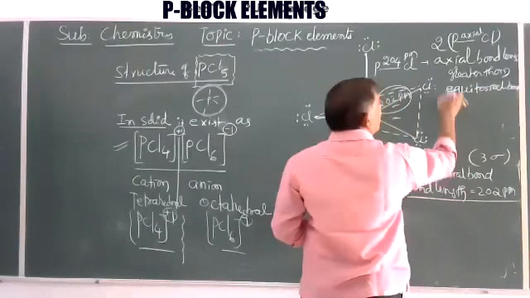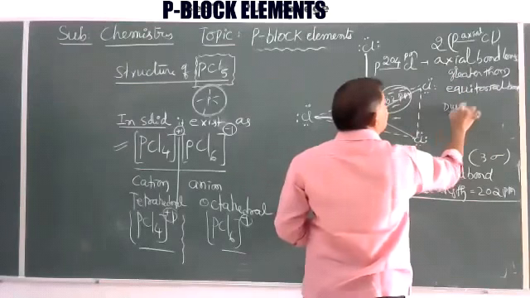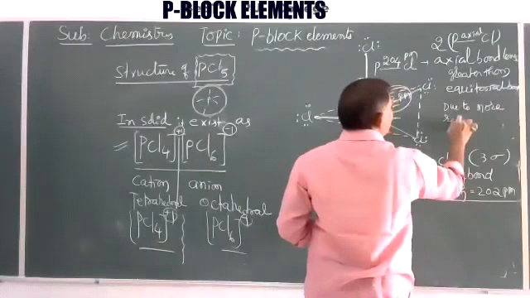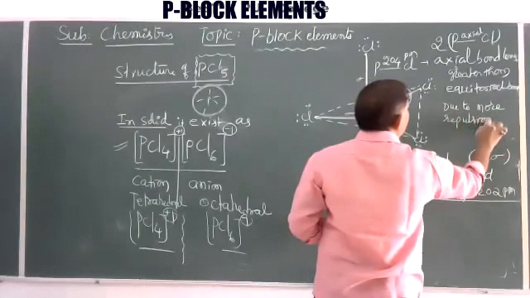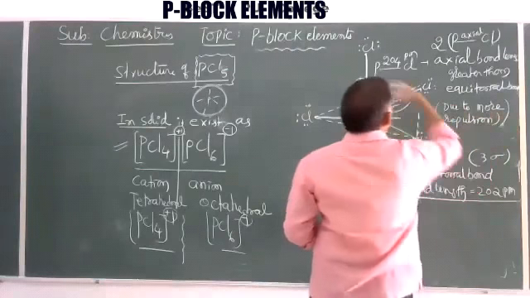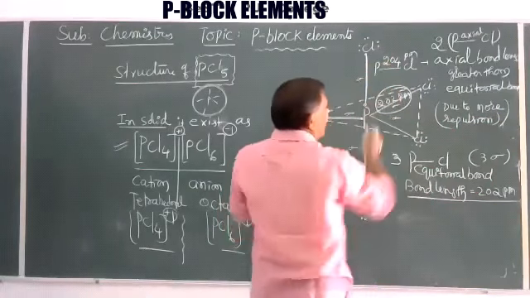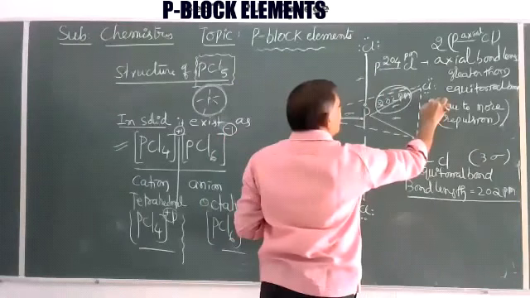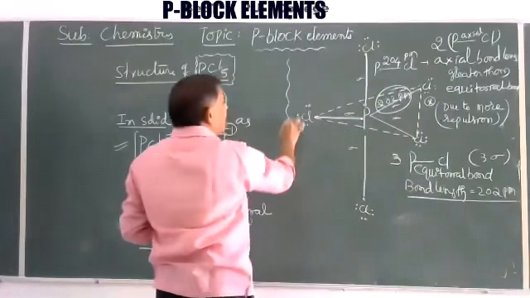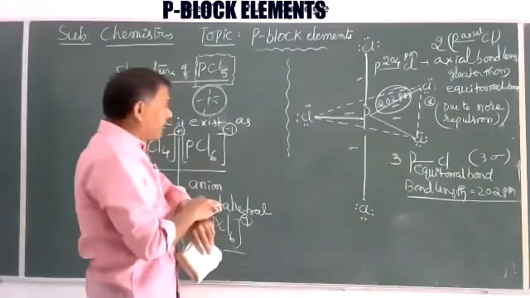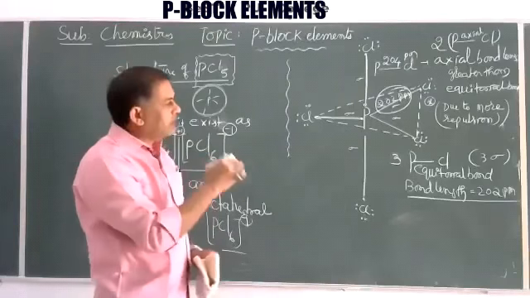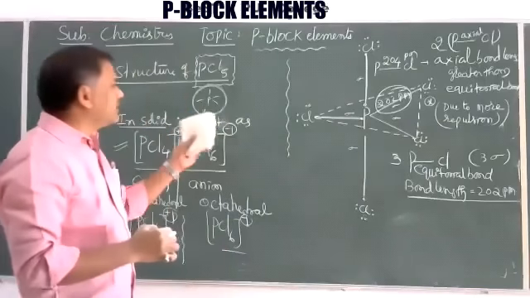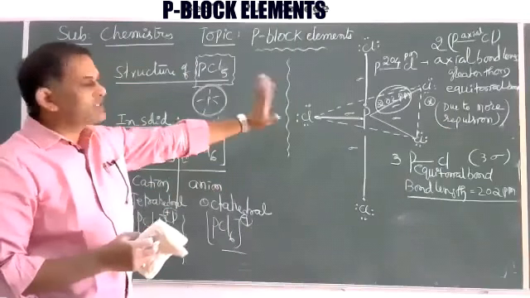The reason is that in axial, due to the presence of more repulsive forces, more electronic repulsions between axial bonds and axial bonds, bond length increases. That is a very, very important point. This is the structure of PCl5 in liquid state and gaseous state, as well as in solid state. Based on this, we'll ask one question.